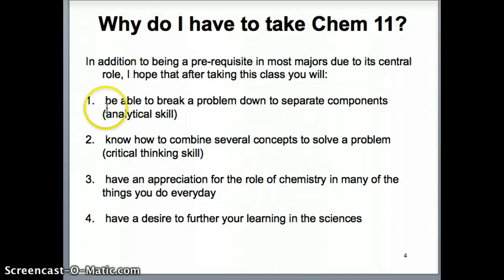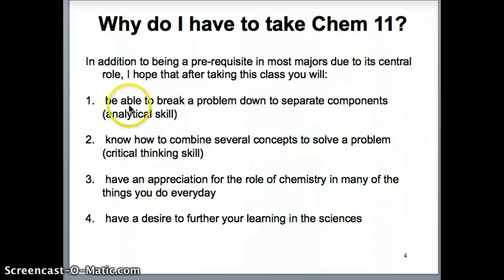Now, another question that people often ask me is, why do I have to take this chem course, which is the first semester of chemistry? So there are several reasons for this, but I'm going to list some of the main ones here. The first one is really, you're going to learn a skill that's very valuable for you throughout your life, whether you're going to continue in the sciences or not.